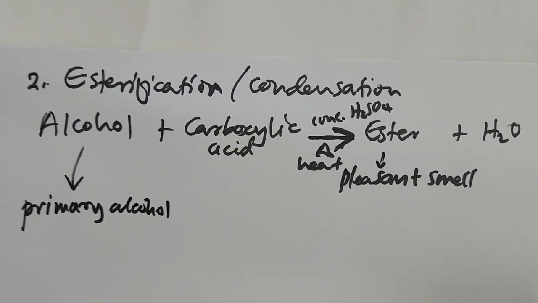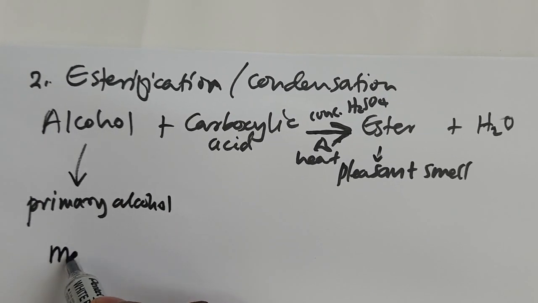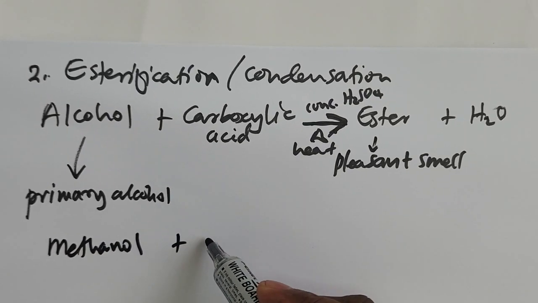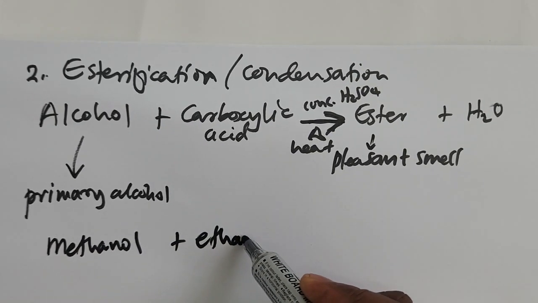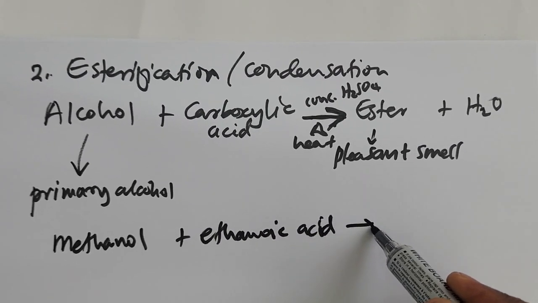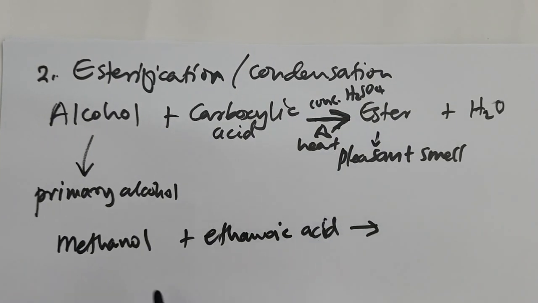Now when you name an ester, for example, if we have methanol reacting with ethanoic acid, the ester that will be produced, when you name it, we start with the alcohol.